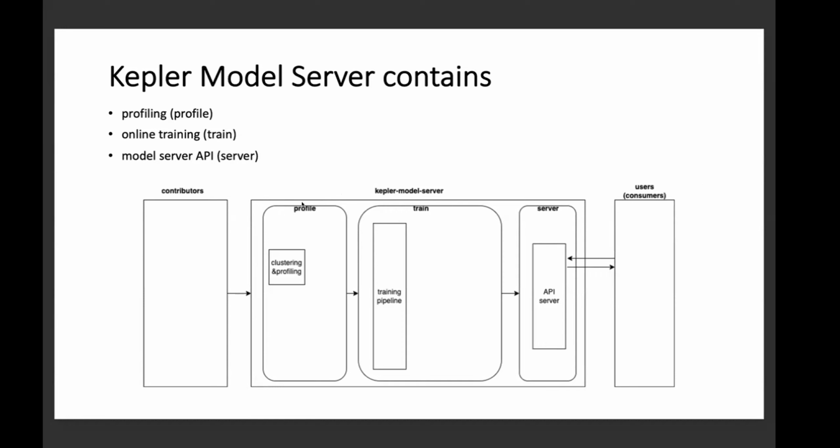That is why we need profiling, some clustering, and a profile for each group. Based on that profile, we train the model for each group. The server here is actually the API server, the front end where users ask for a model, and it selects the best trained one and returns it to the users.